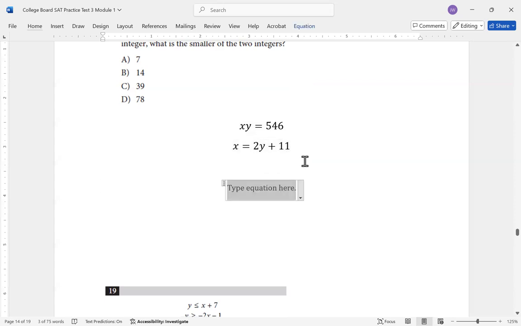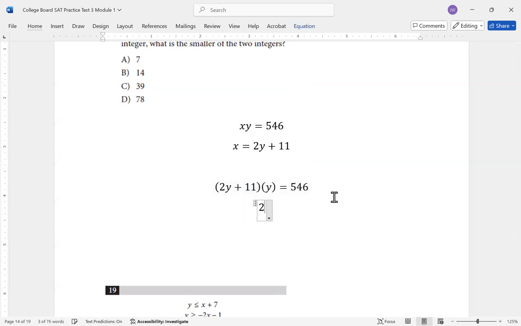So that's going to be x times y is equal to 546. Y is y, and then x I replace with 2y plus 11. This is an equation that I can solve for y.